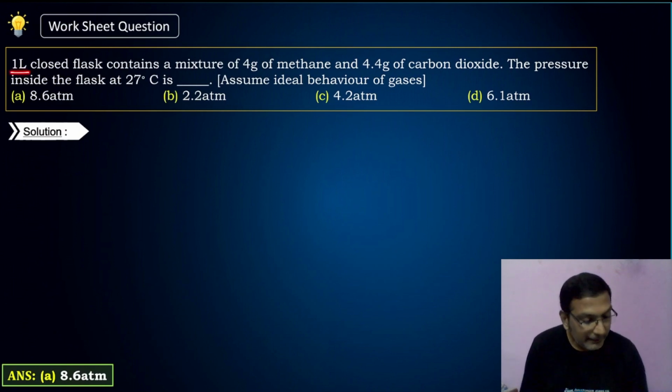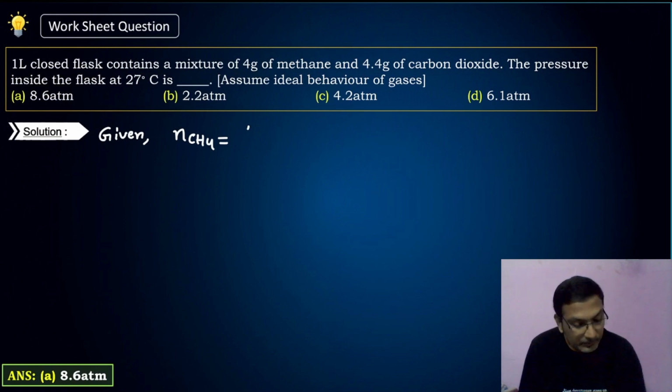So 1 liter closed flask contains a mixture of 4 grams of methane and 4.4 grams of carbon dioxide. The pressure at 27 degrees centigrade is. Direct question. So here given number of moles of CH4. Number of moles means we know given weight by gram molecular weight, that is 4 by 16, 0.25.